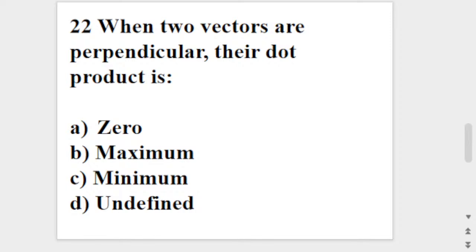Okay. So when two vectors are perpendicular, their dot product is dash.